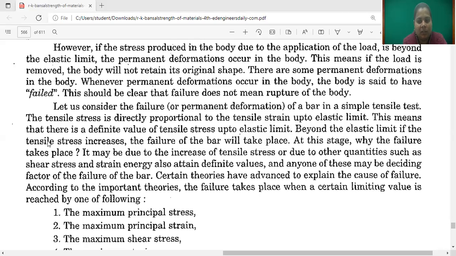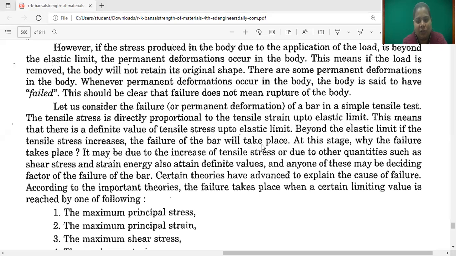Beyond the elastic limit, if the tensile stress increases, the failure of the bar will take place. Full stop.